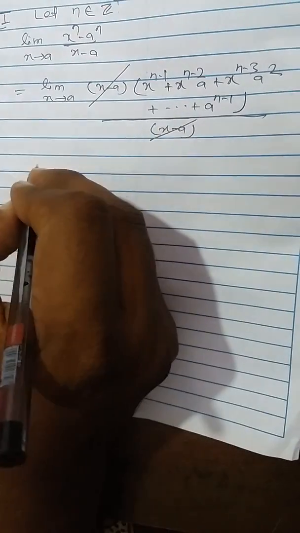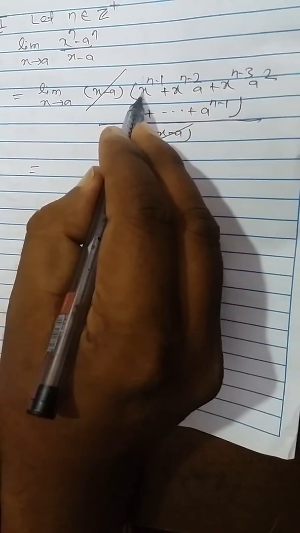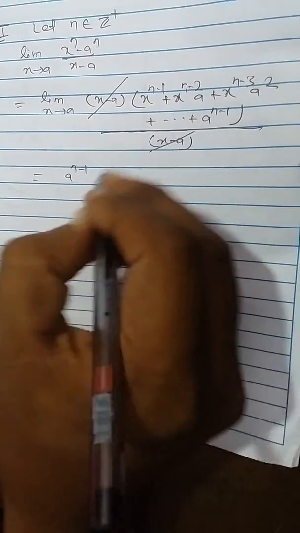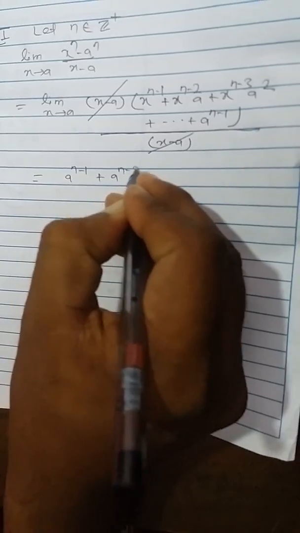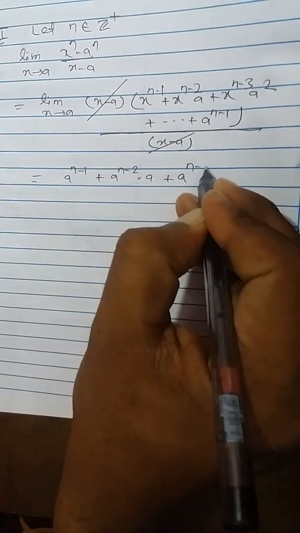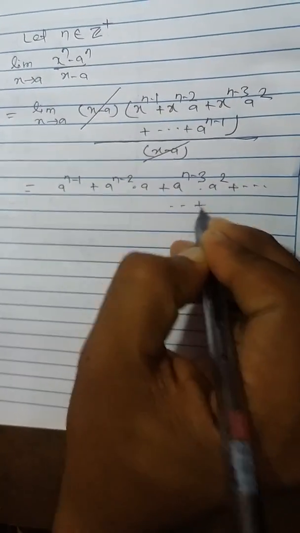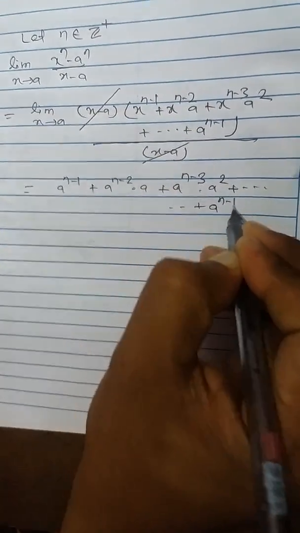Now substitute x equal to a in this term. If you substitute x equal to a here, then it becomes a to the power n minus 1. This one becomes a to the power n minus 2 into a. This one becomes a to the power n minus 3 into a squared, plus and so on up to the last term, which is a to the power n minus 1.